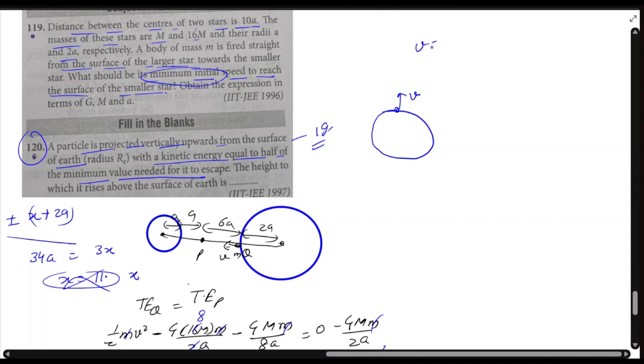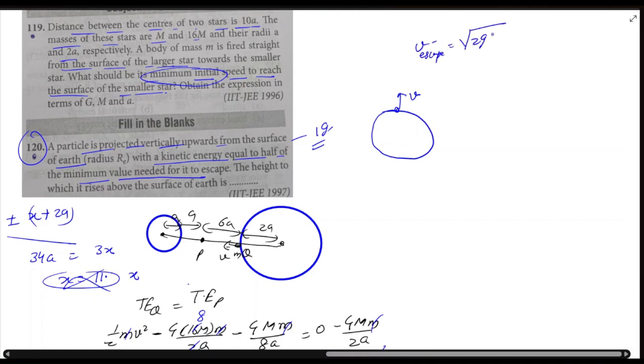So escape velocity was root 2GR, and we have the kinetic energy equal to half this. The kinetic energy to escape should be GM by R, right?